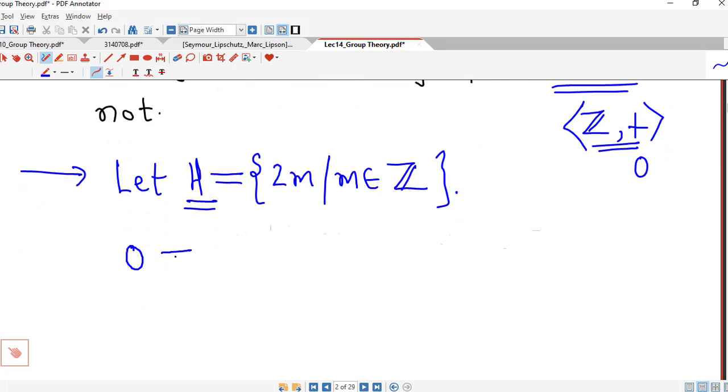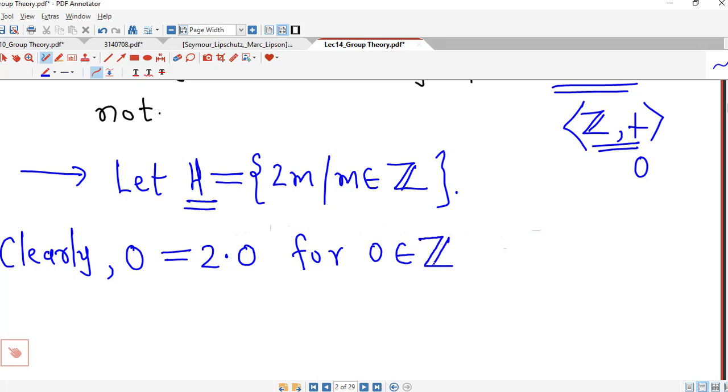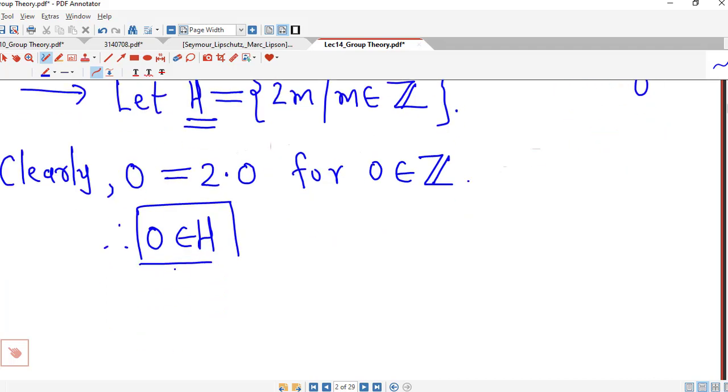So we can clearly write 0 as 2 into 0, a multiple of 2. Here the value of m is 0, for 0 belongs to Z. Therefore 0 belongs to H. So the first requirement is satisfied.